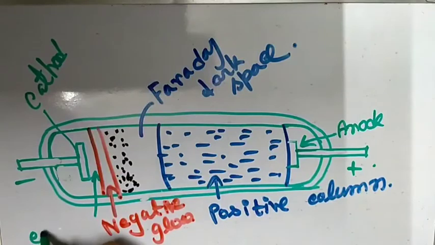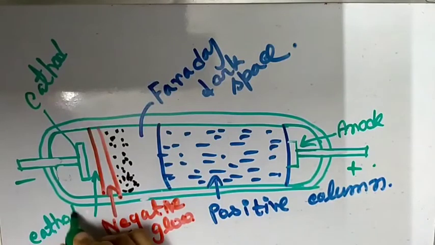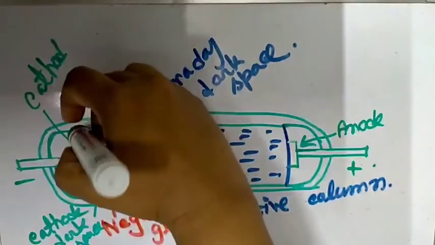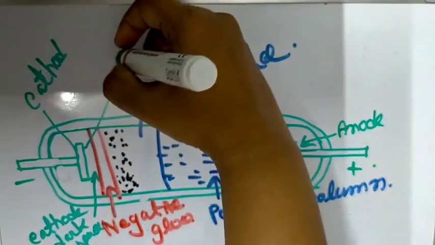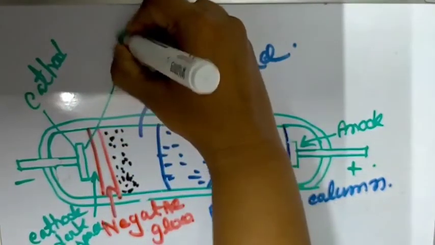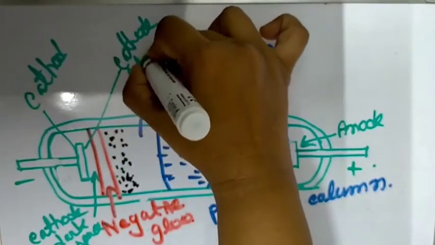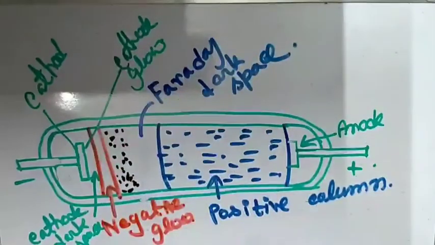This is the cathode dark space, and this is the cathode glow.